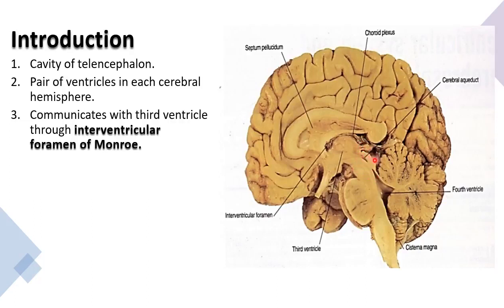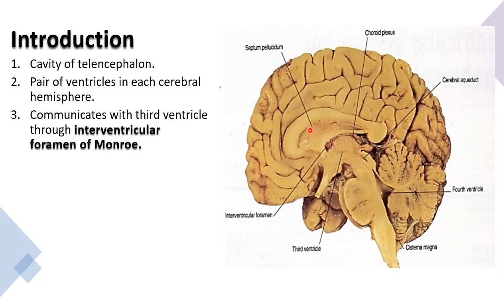So this should be your tectum of the midbrain. This is your tegmentum, and more anteriorly the crus cerebri, and this is the choroid plexus, which is projecting into the lateral ventricle. The choroid plexus here you are able to see again. We will be discussing it in detail in the later part, in the lateral ventricle.